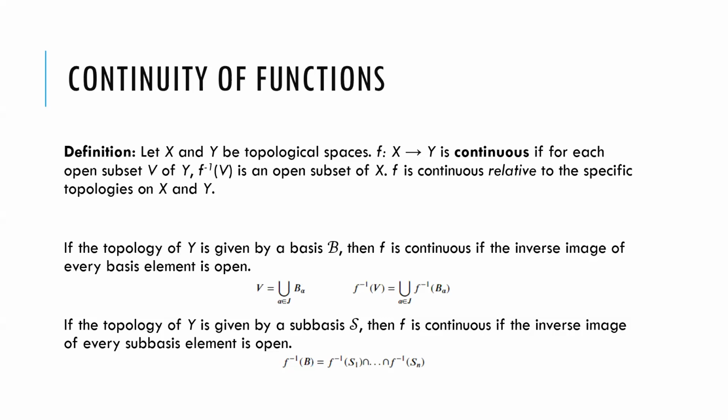Since the open set V can be shown as a union of basis elements, its inverse image, which should also be open, would be the union of the inverse images of those basis elements. And this union will be open if those inverse images of basis elements are open.